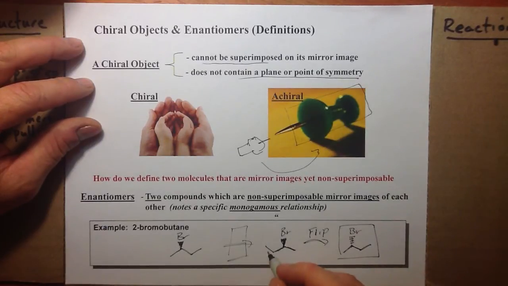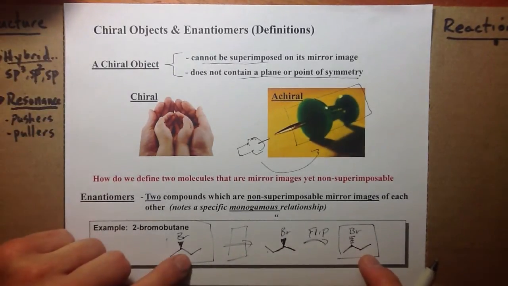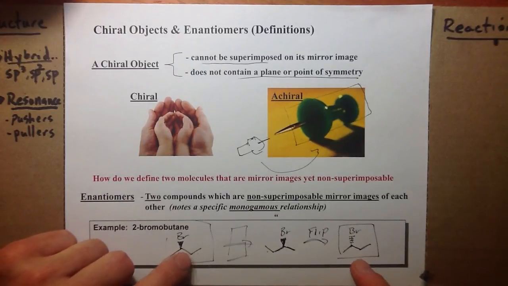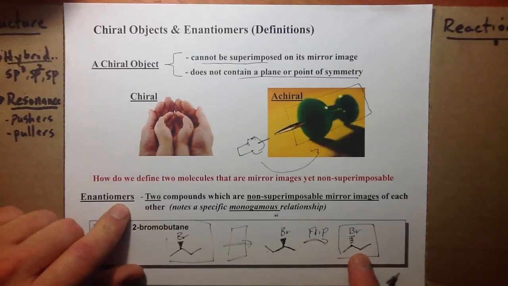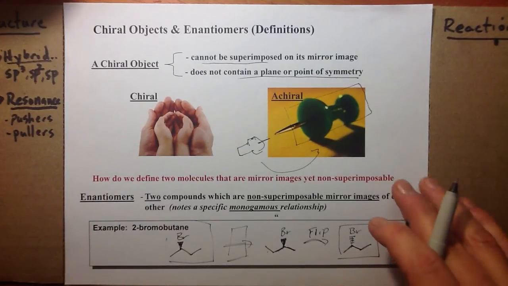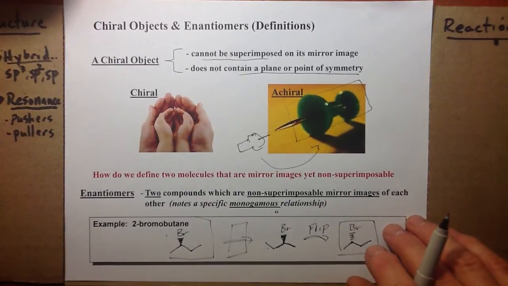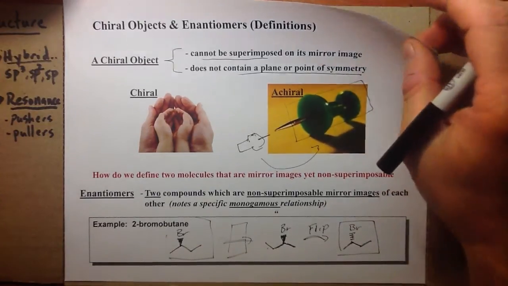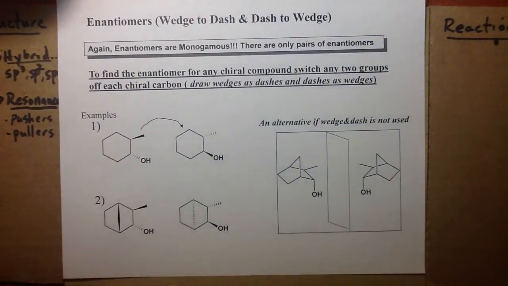So I took this one and flipped it, but it is not the same. These are different in stereochemistry. They are non-superimposable mirror images. They are enantiomers.